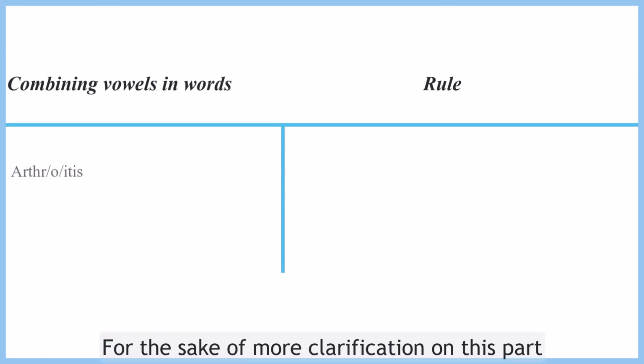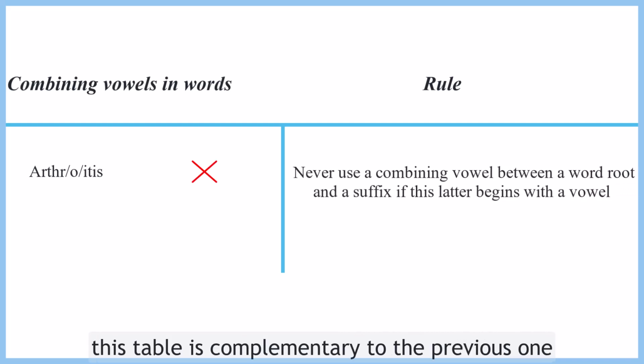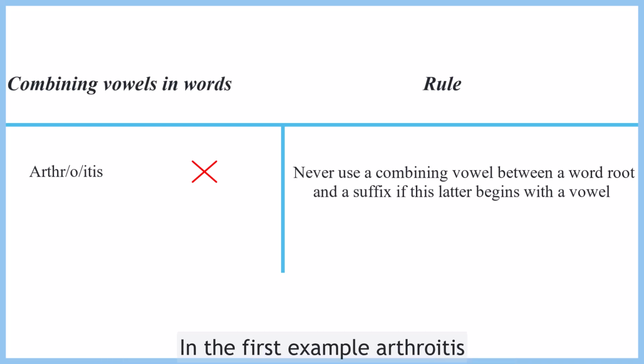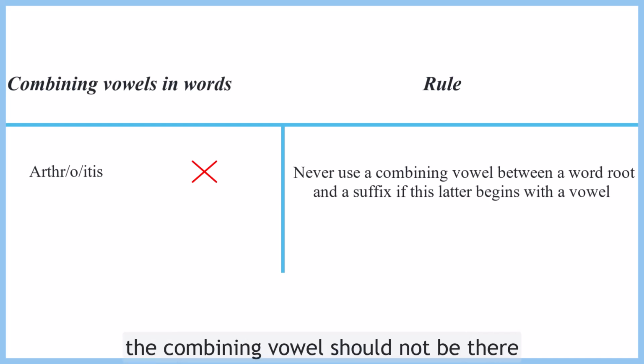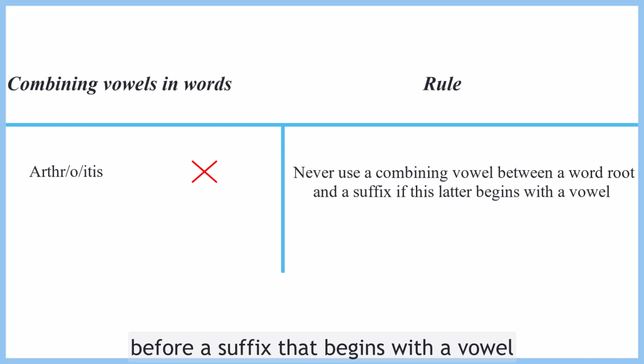For the sake of more clarification on this part, this table is complementary to the previous one. In the first example, arthritis, the combining vowel shouldn't be there because the rule says never use a combining vowel before a suffix that begins with a vowel.